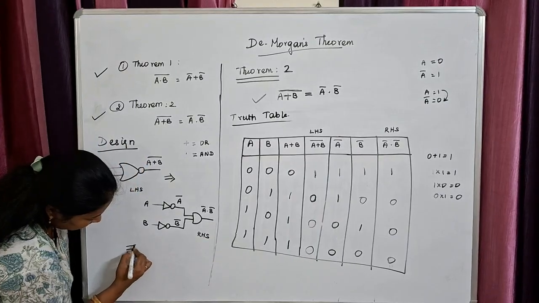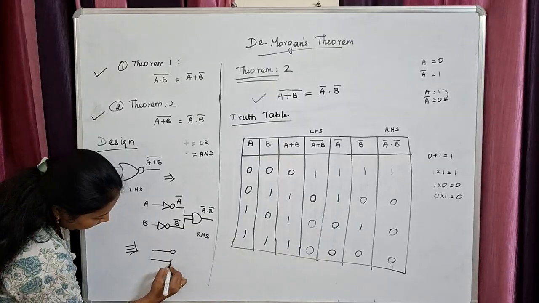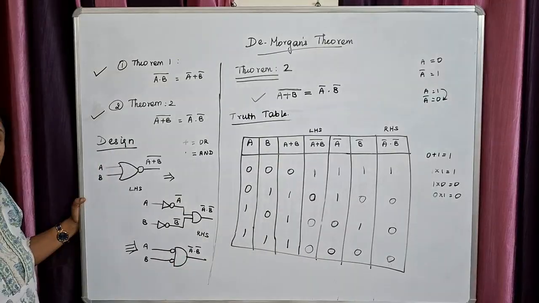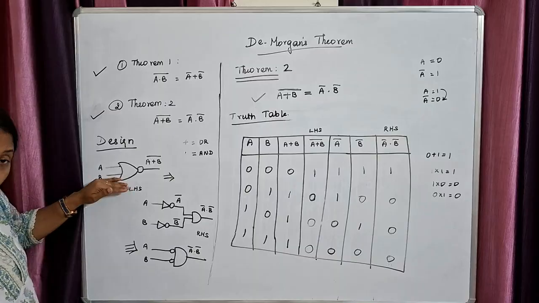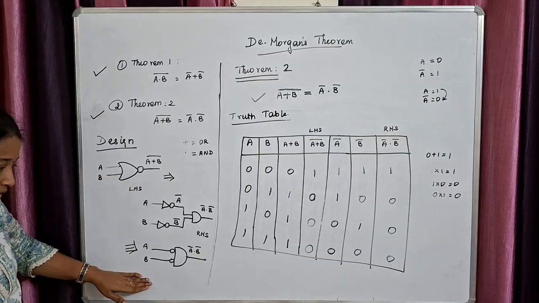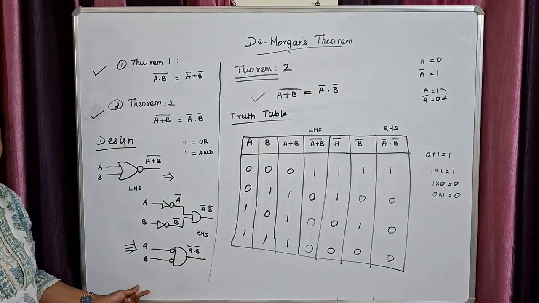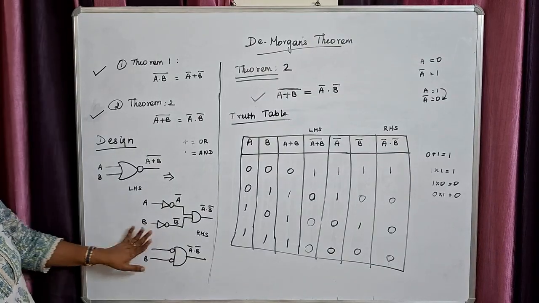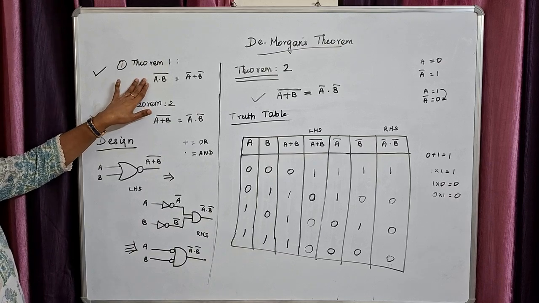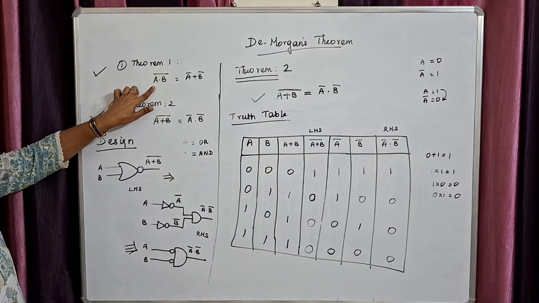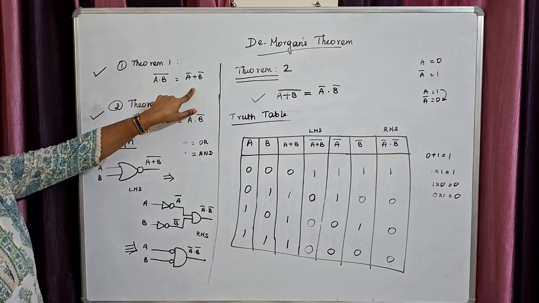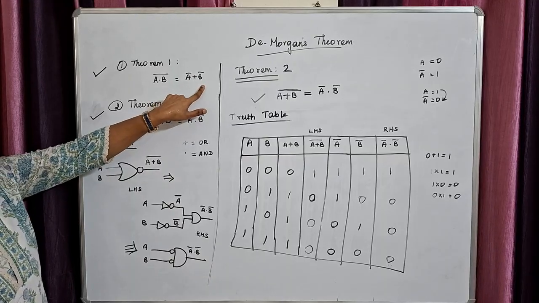This can be represented as, what do you understand from here? NOR gate is equal to AND gate with negated input. Is that clear? Same as your theorem 1. In theorem 1, how did we prove? NAND gate is equal to OR gate with negated input.